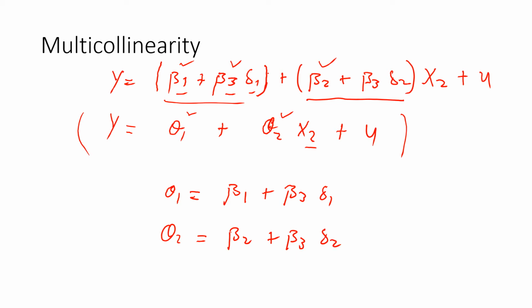Now how many unknowns do we have? We do not have the values of beta 1, beta 3 and beta 2.